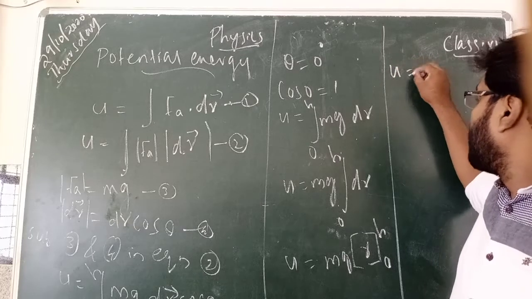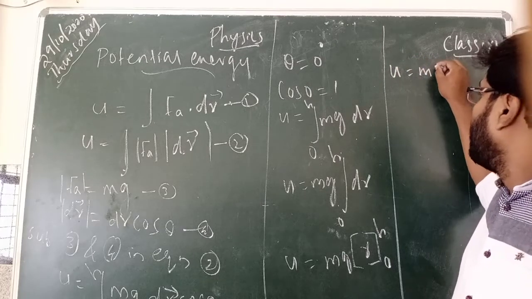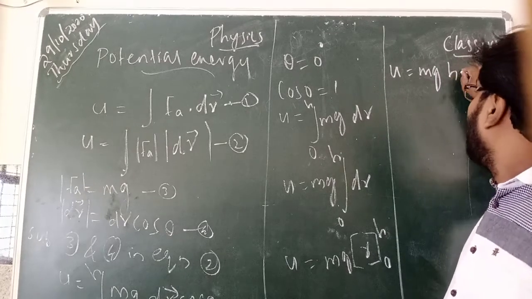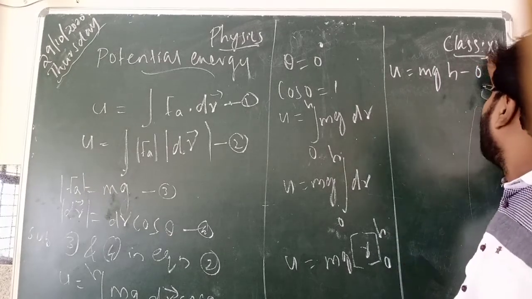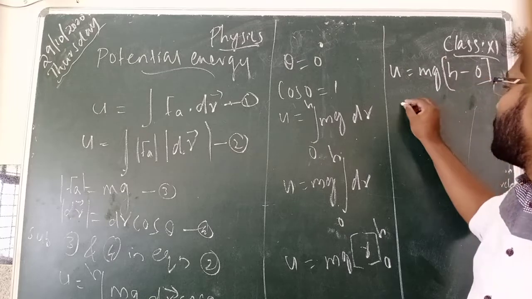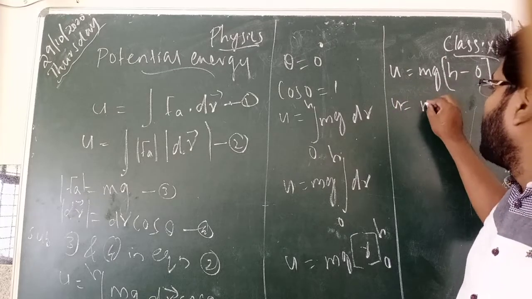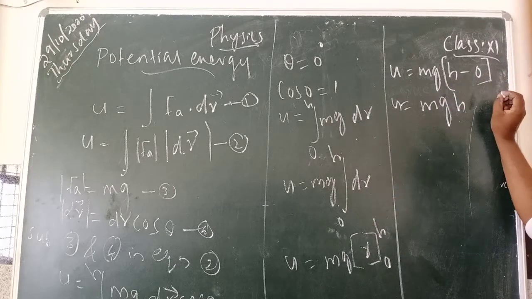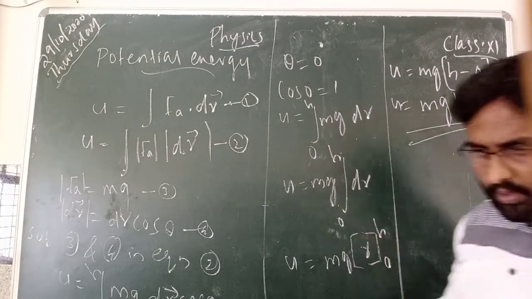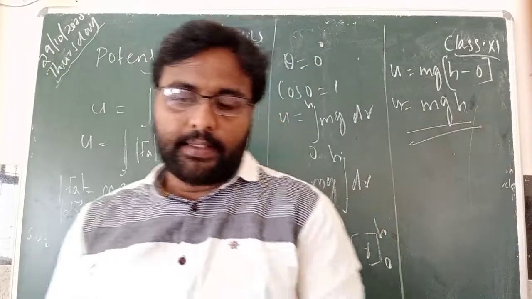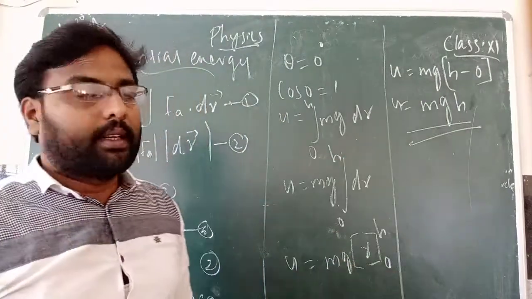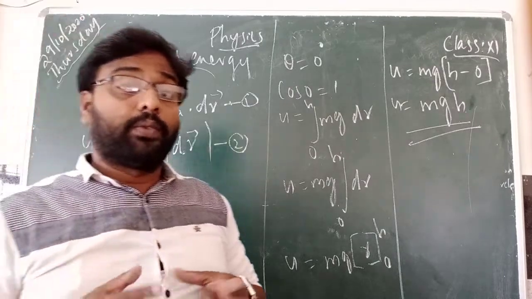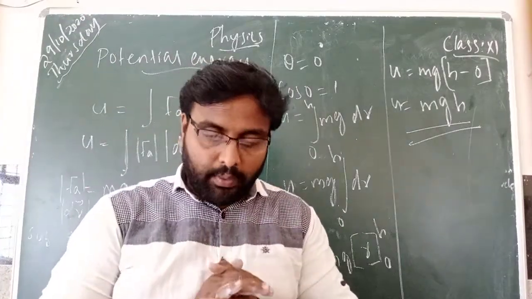So u is equal to mg, upper limit h minus lower limit 0. mg into 0 is 0. So u is equal to mgh. This is the potential energy derivation, and it is one of the important 5-mark questions.